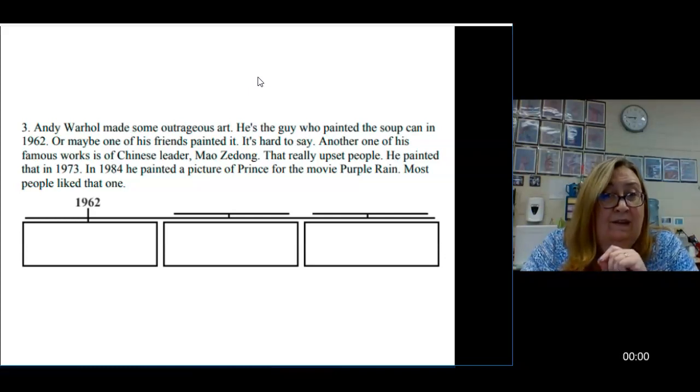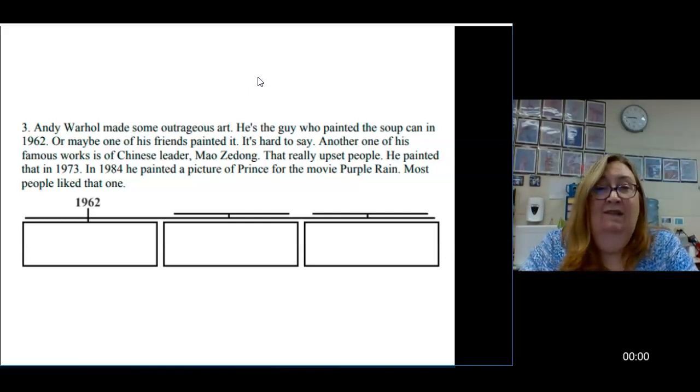So I want you to look very carefully, and there's 4 of those. Then I'm going to give you one activity where I'm giving you a list of things and you have to put them in chronological order. You have to put the items in the order that they happened, which is actually kind of fun. You'll see what I mean.